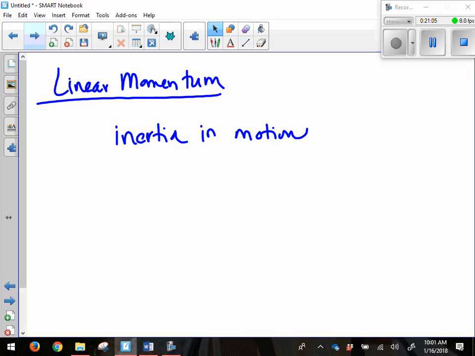Right, an object at rest will stay at rest until acted upon by an external net force. So when you think about momentum, you usually want to think about something that's already moving. Momentum has to do with how hard it is to change the motion of something.